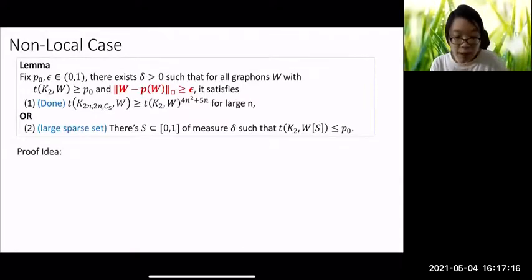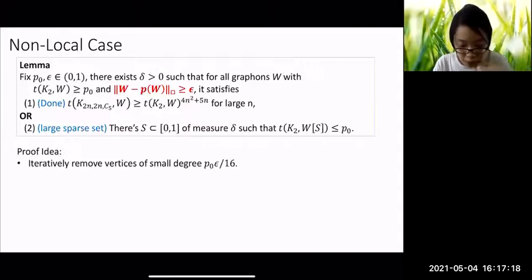So actually this lemma is not very hard to prove. We can iteratively remove vertices of small degree. Because we're dealing with a graphon, everything is normalized by the number of vertices in this graph. So let A be the subset of vertices that we remove.